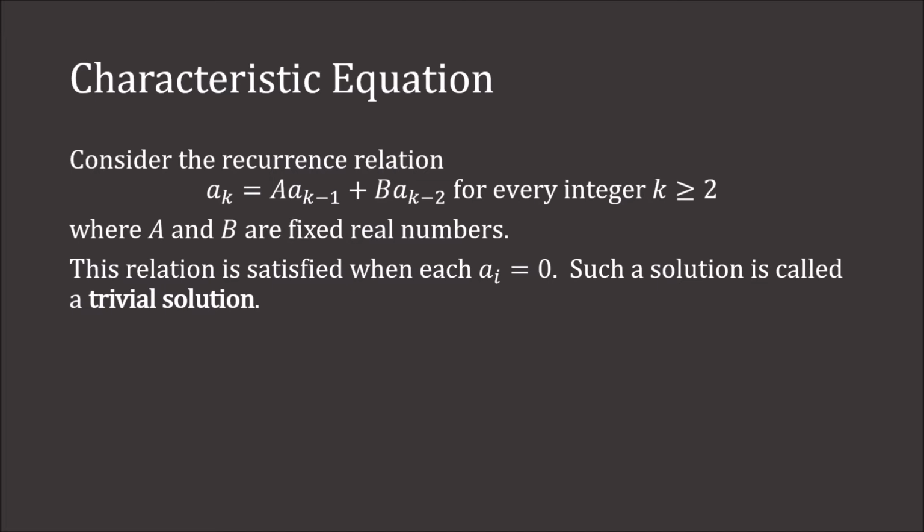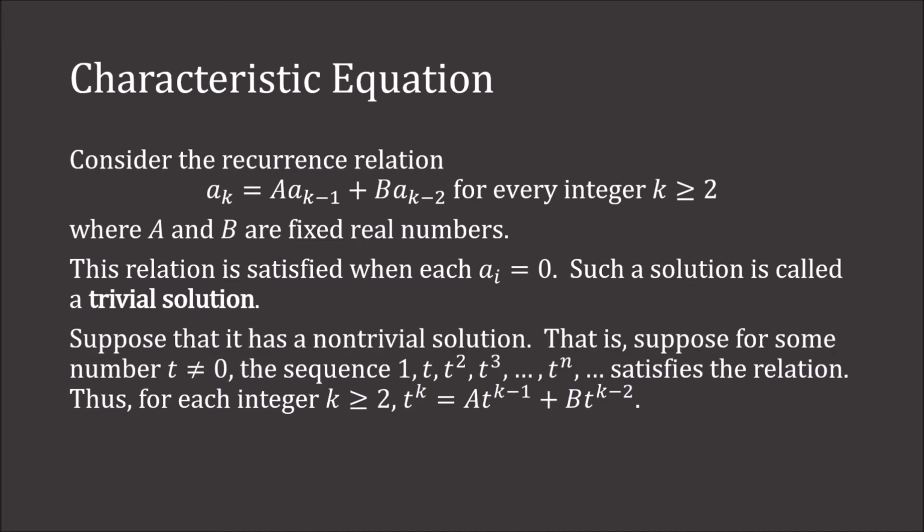So let's suppose that it has a non-trivial solution. In other words, let's suppose that for some number t not equal to 0, the sequence 1, t, t squared, t cubed, up to t to the n, and so on and so forth, satisfies this relation.